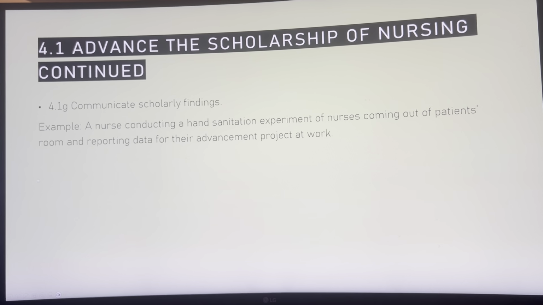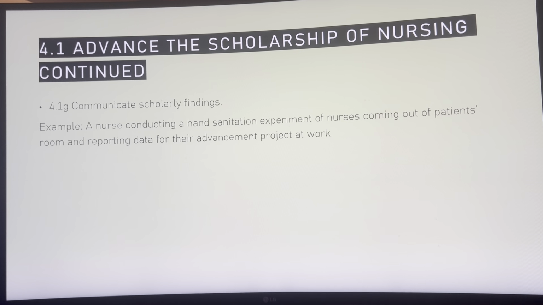And then there's one more, continued: communicate scholarly findings. My best example of this, I thought of when you're working as a nurse and you have clinical hours that you apply towards an advancement project at work. One that I've seen is some nurses actually observe and collect data on how nurses sanitize or wash their hands after stepping out of a patient's room.